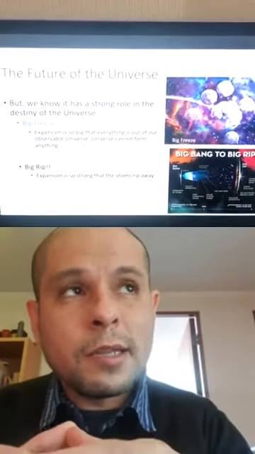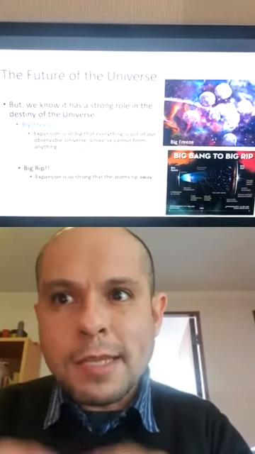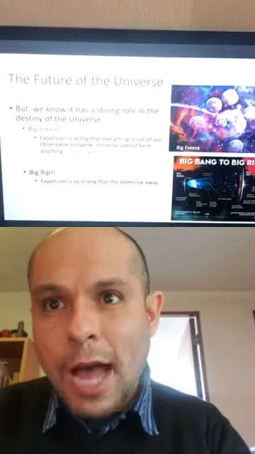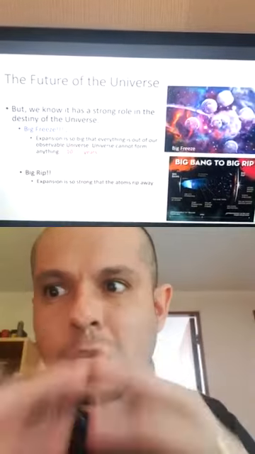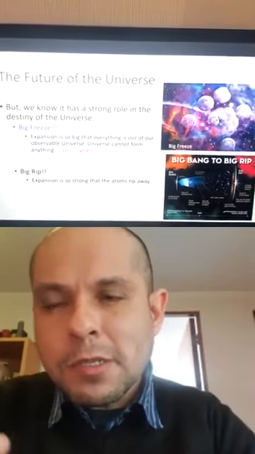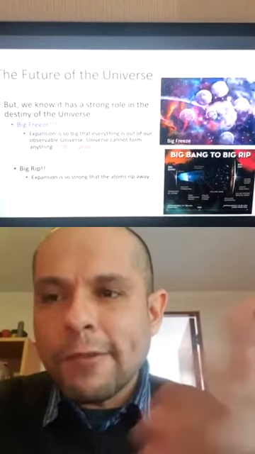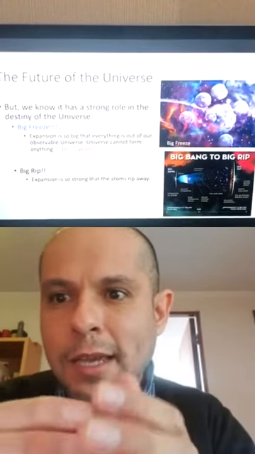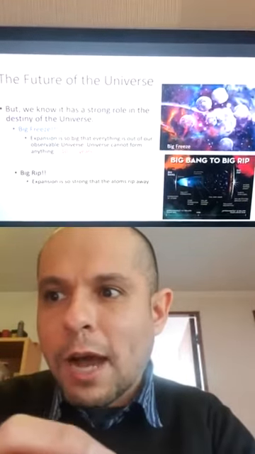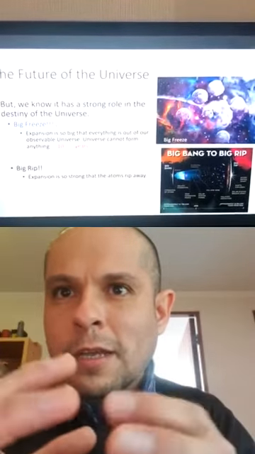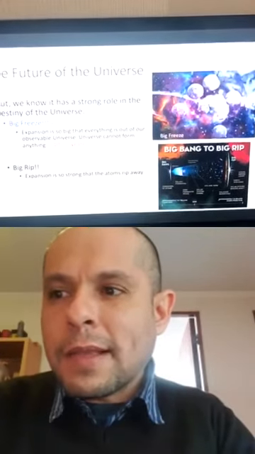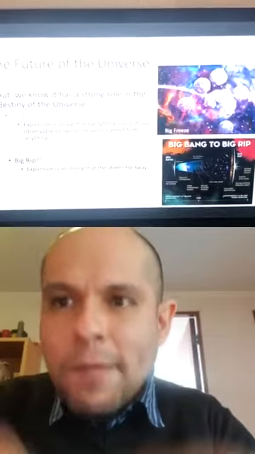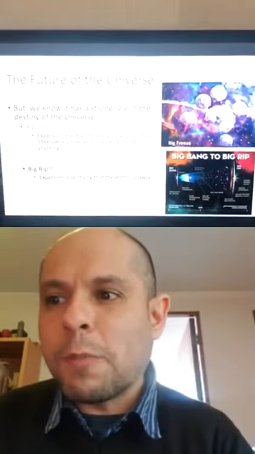There is a limited amount of space that we can see, called the Hubble sphere. It's the limit of the observable universe. Because it's accelerating faster and faster, stuff at the border of this observable universe starts to move away from us. The universe expands more and more, and everything starts to leave our observable universe.